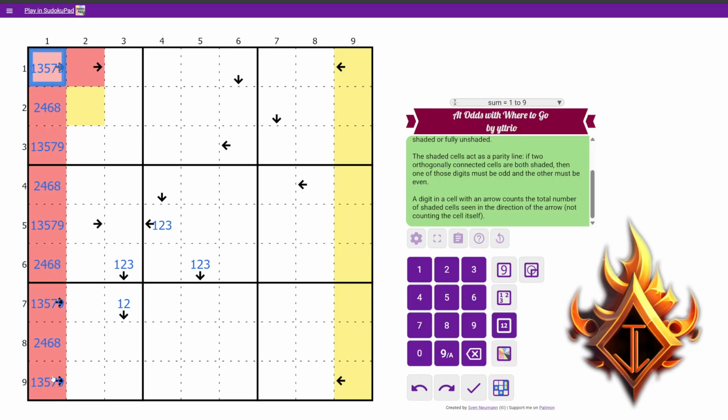So I can take the 9s out of the corners and here because they have arrows, and this one is one higher.